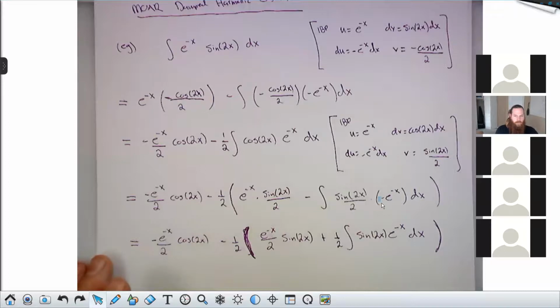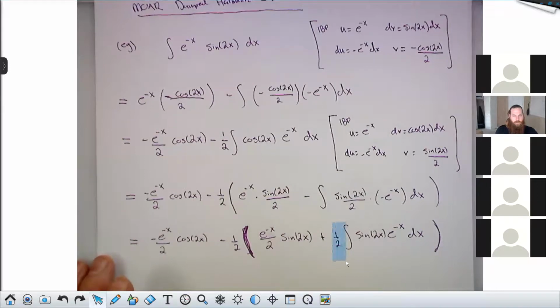Right, so this negative popped out, made this a plus. This 2 downstairs popped out here as a 1/2.